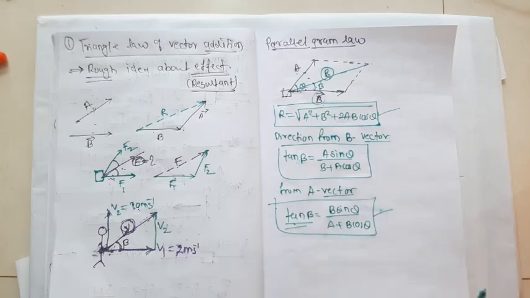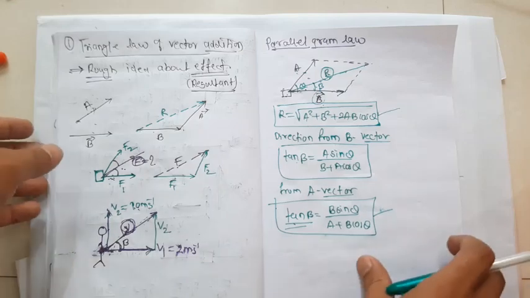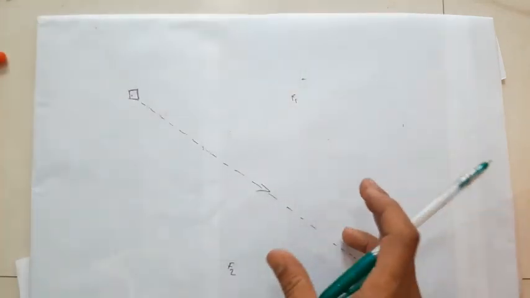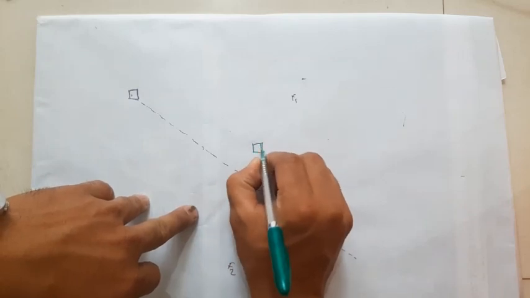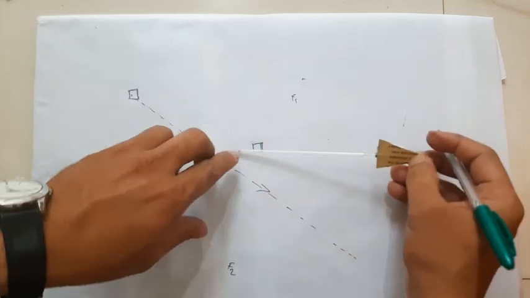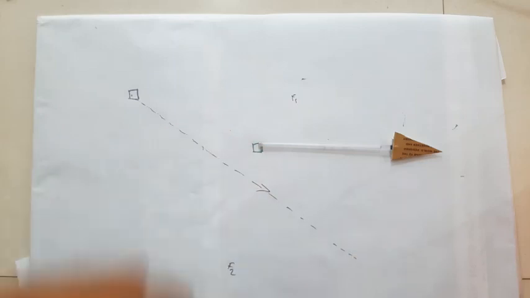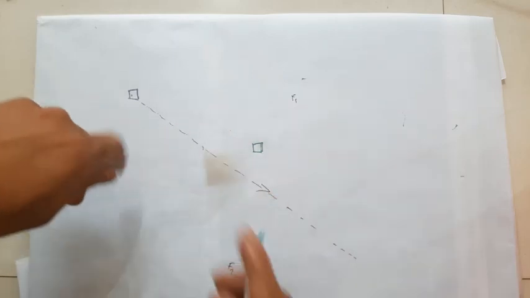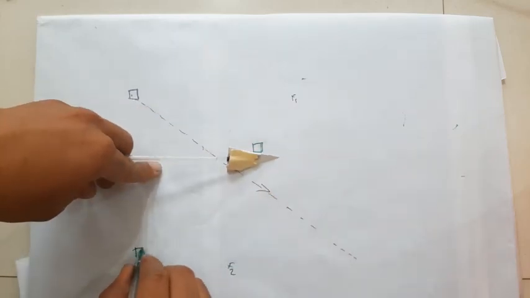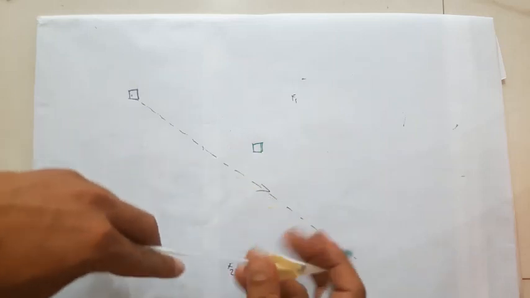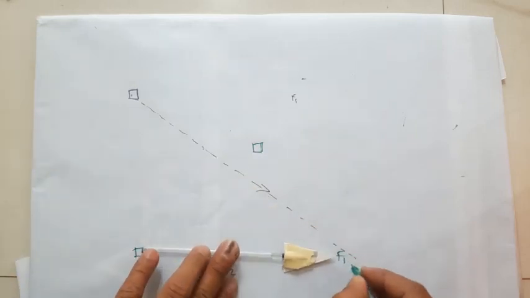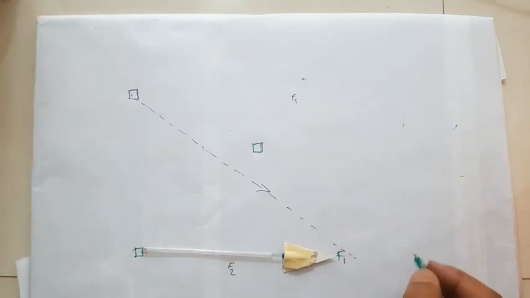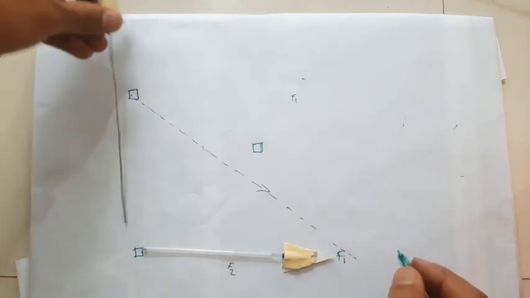Now I will tell you by example. Suppose this is the one object, and on this object one force is acting here, or you can say a little bit here. So I will say F1, and then another force is acting here.